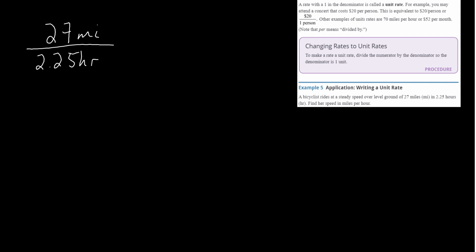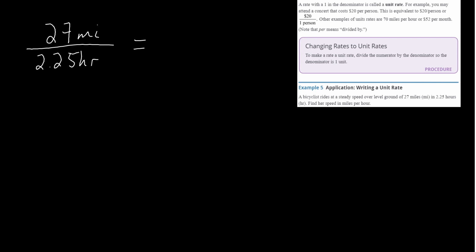Now, we're going to have to get rid of that 2.25, and we can do this in a couple of ways. Let's just do it the easy way. We're just going to divide the denominator by 2.25 and the numerator by 2.25. If we divide the numerator by 2.25, what is 27 divided by 2.25?